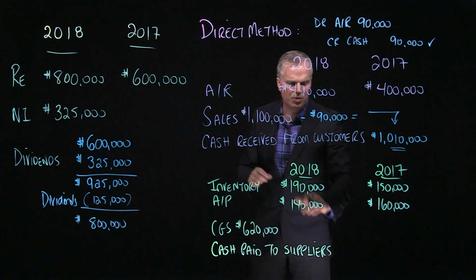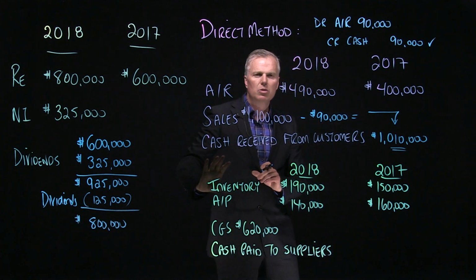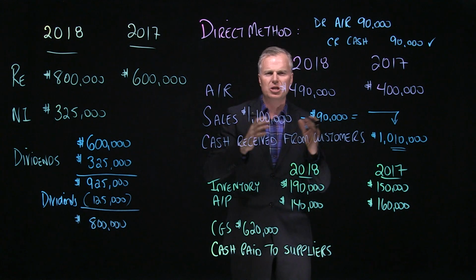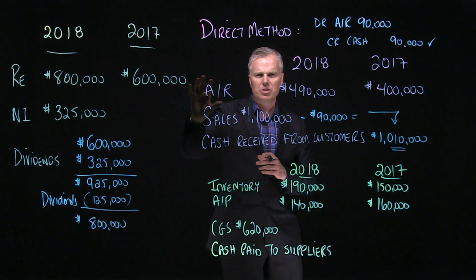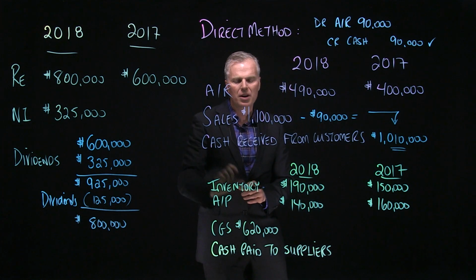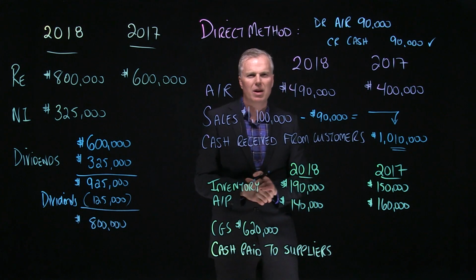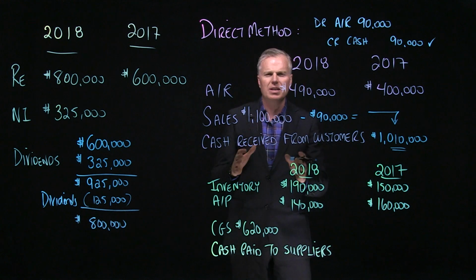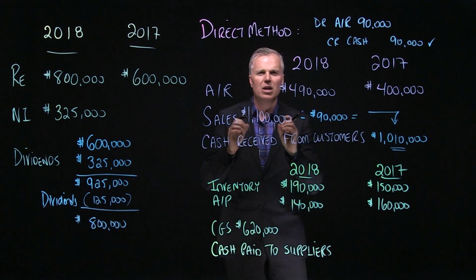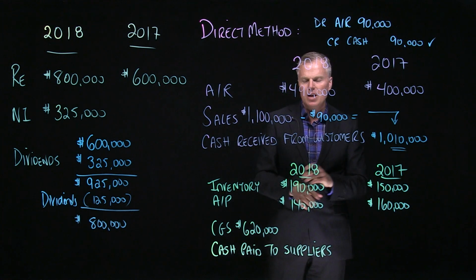Cash paid to suppliers. And you can see there's two accounts here. So what you have to learn is that cash received from customers, generally speaking, implies sales and accounts receivable. Cash paid to suppliers involves cost of goods sold, inventory, and accounts payable. Understand those basic accounts are involved, and that helps you reduce your anxiety using the direct method.